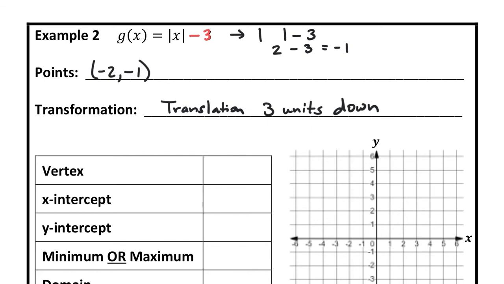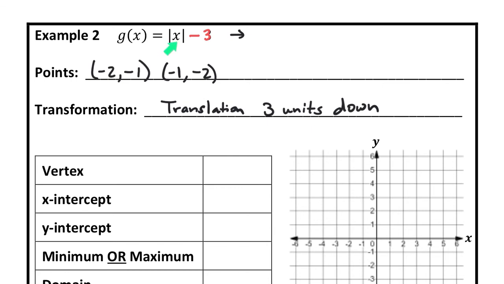All right, let's try another one. Let's try negative 1 as my input. The absolute value of negative 1 is 1. Then subtracting 3 equals negative 2. Okay.